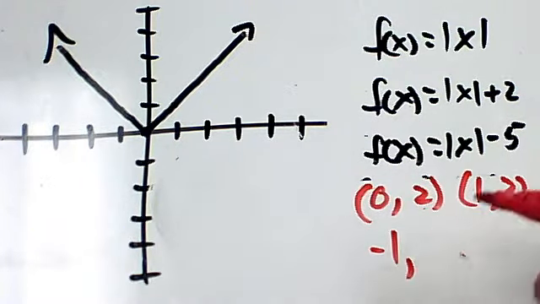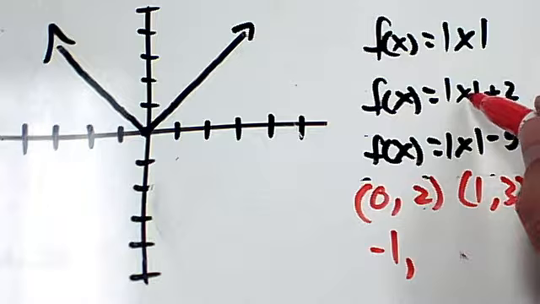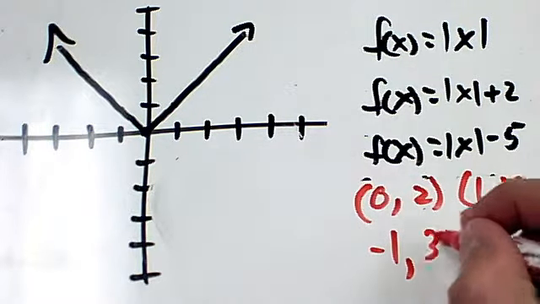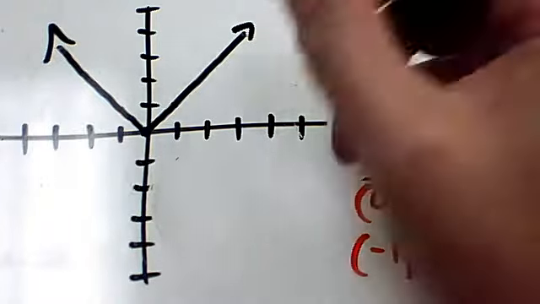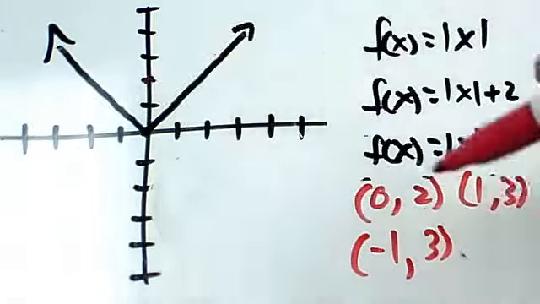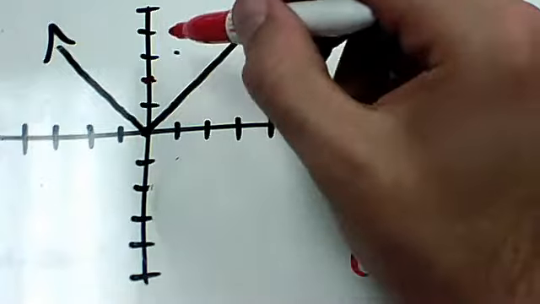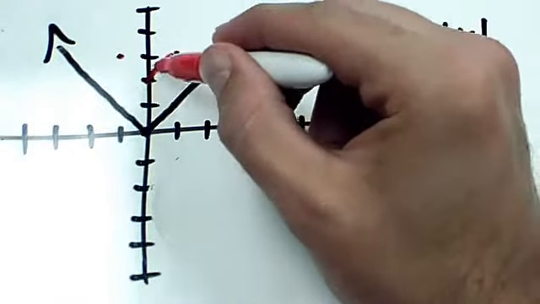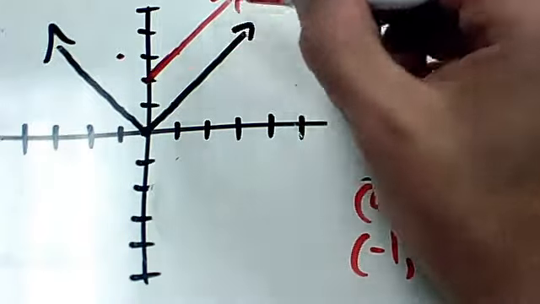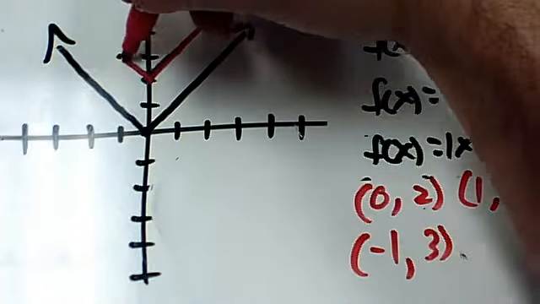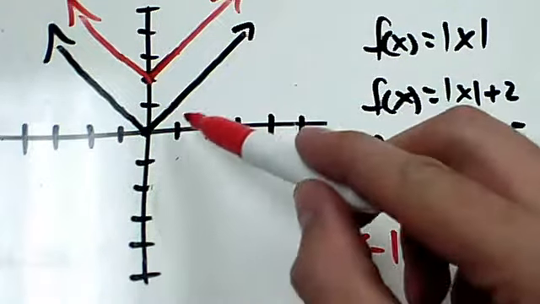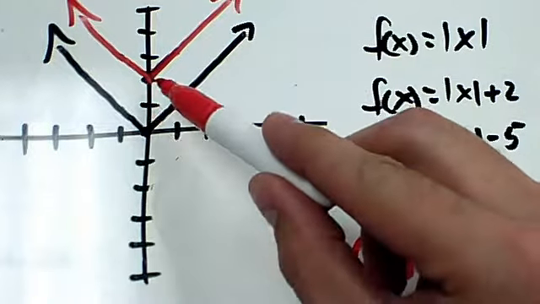When it's negative 1, absolute value of negative 1 is 1, so then 1 plus 2 is also 3. And so we should get these points at 0, 2, 1, 3, and negative 1, 3, which is over here. And you should get a function that looks like this. Again, it's a V. And notice when we added 2, the graph of the parent function shifted up 2 units.